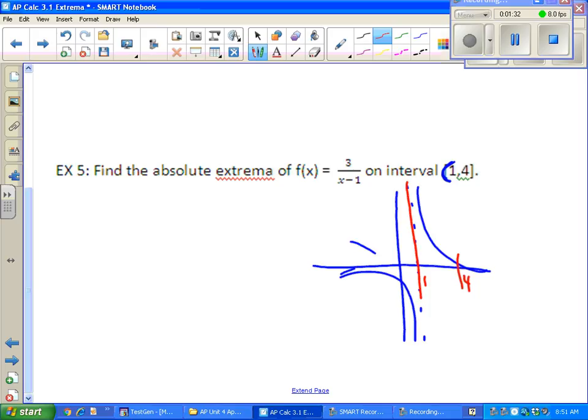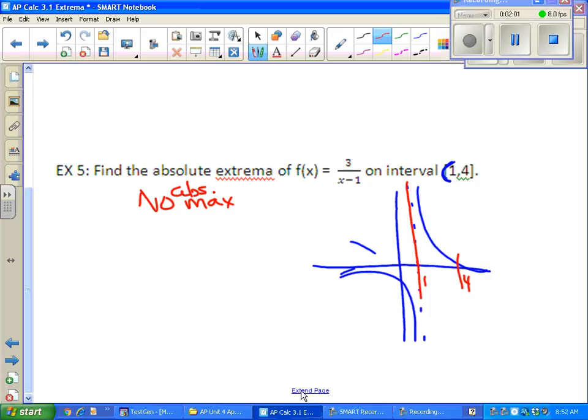Okay, absolute extrema. Can anybody tell me what my maximum might be? Can there be a maximum if you have an open end on the left-hand side? Looking at your graph, there will be no absolute maximum.